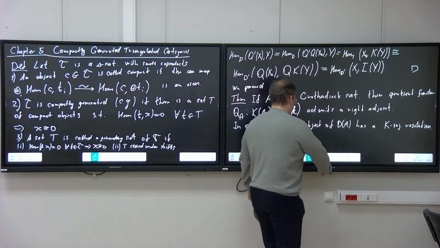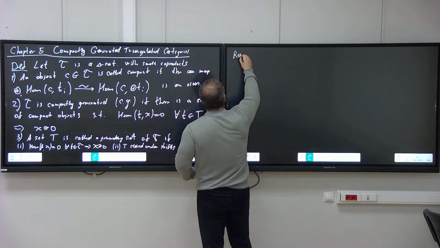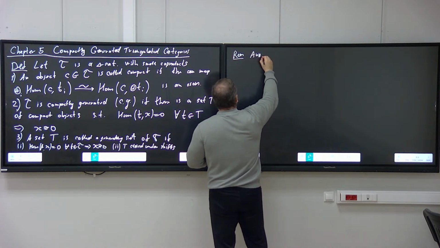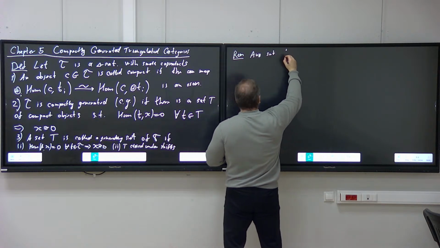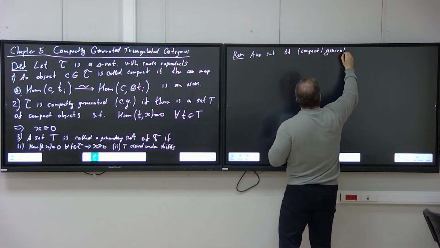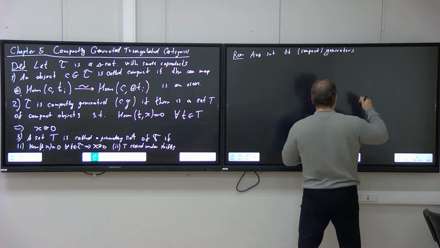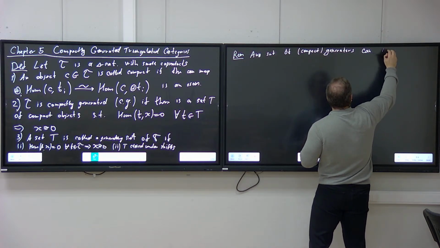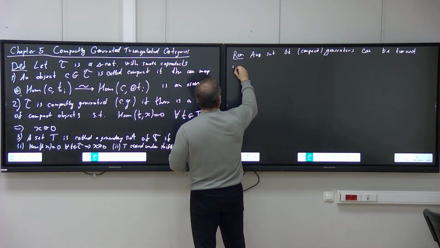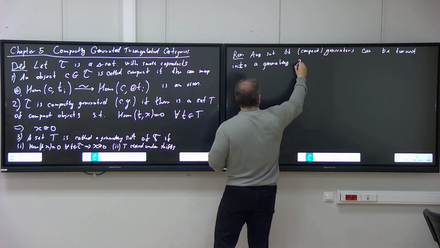Of course, there is an immediate remark that any set of compact generators, and by generators I mean condition 2, or condition 1 and condition 3, can be turned into a generating set by a trivial procedure.